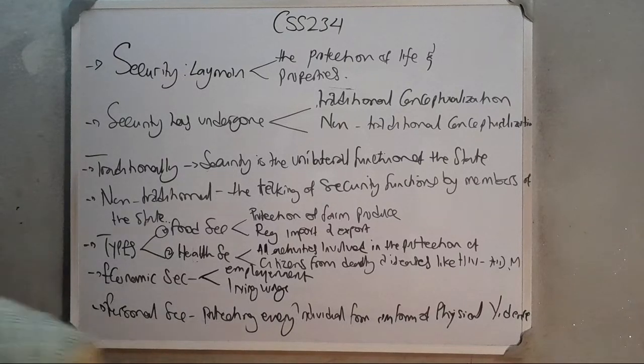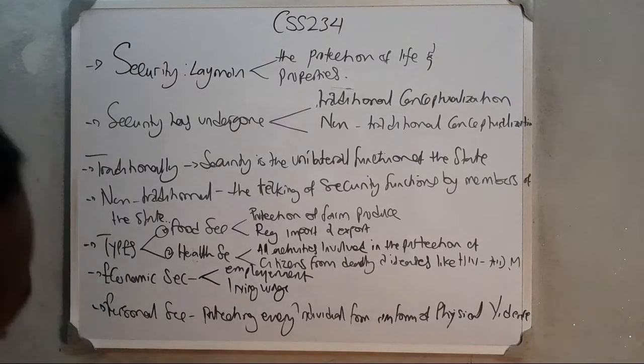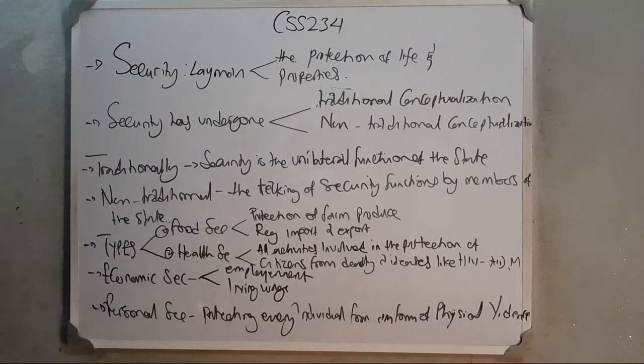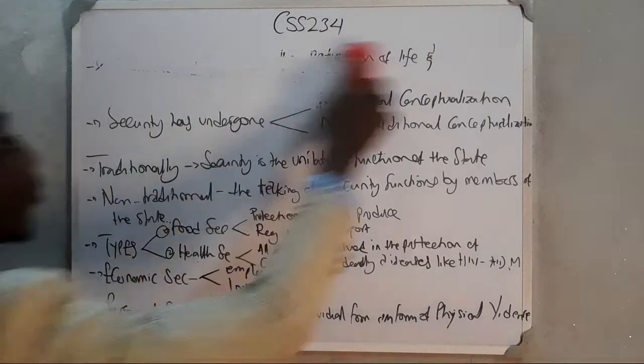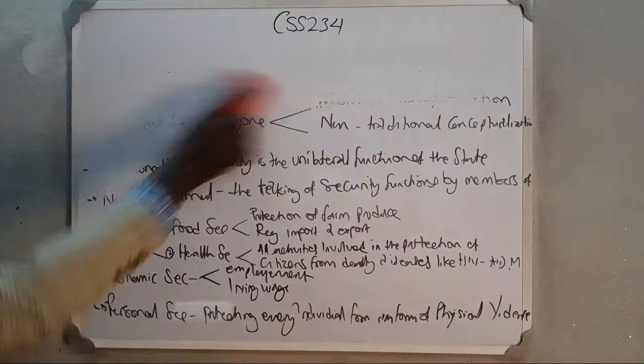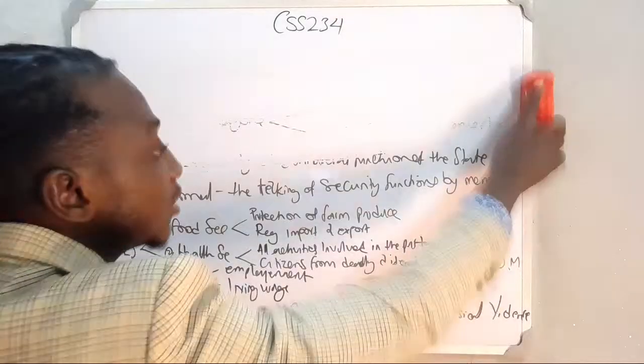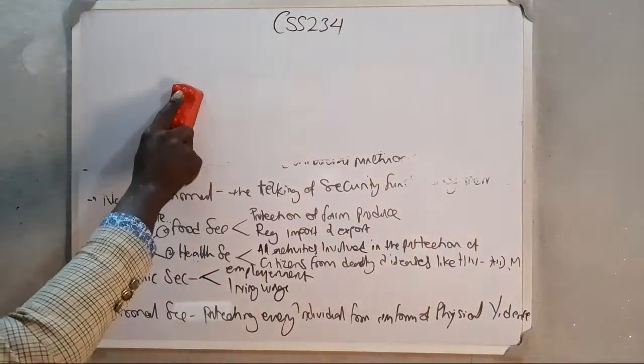So now let's talk about violence. Enough of the types of security, let's move into something else. We're going to be talking about violence, what it means, and the types of violence that can occur. Let me just erase this.